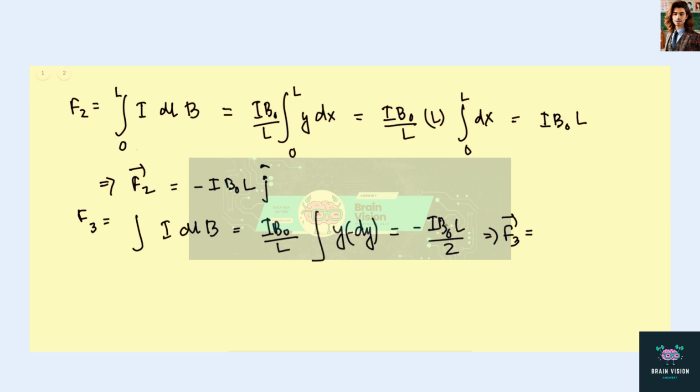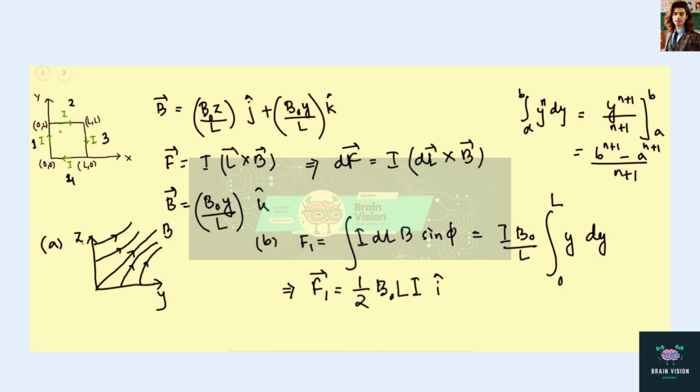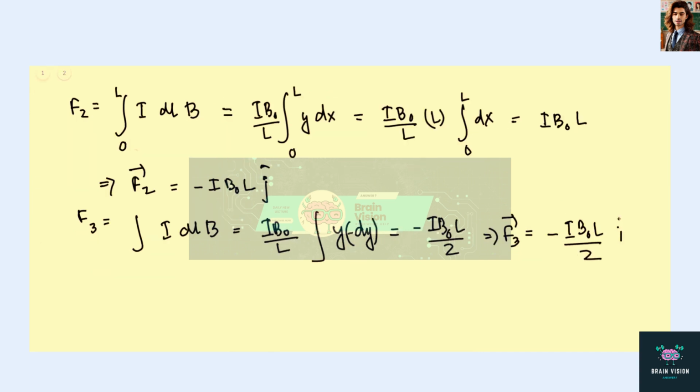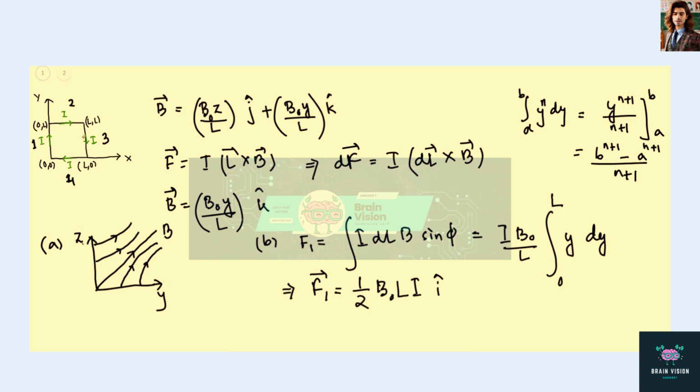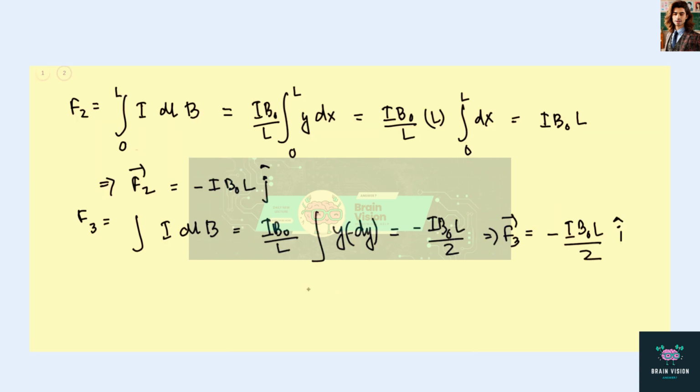And the direction, if you apply the right hand rule, you'll see that I is j cap and B is k cap. So j cap cross k cap is basically i cap. We can also not include the negative sign and do the cross product as negative j cap cross positive k cap, and you'll get the same answer.